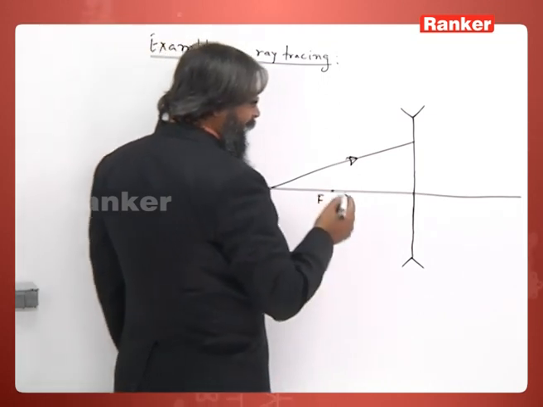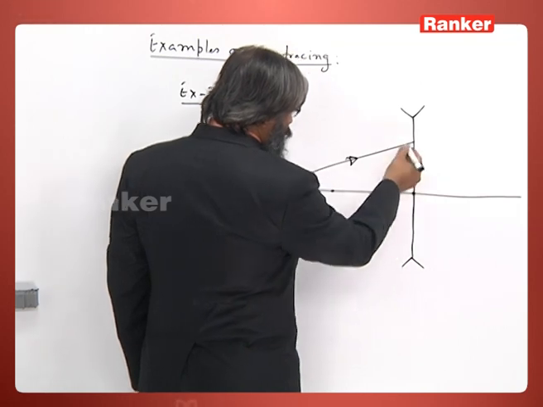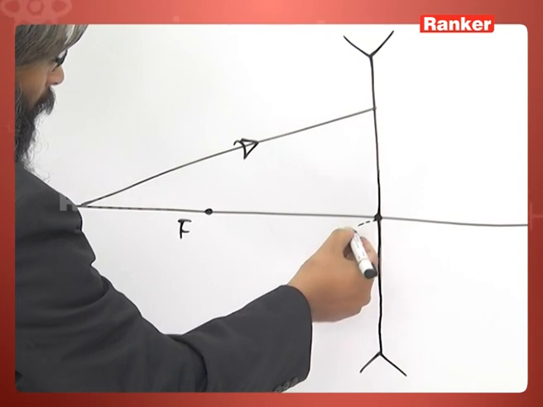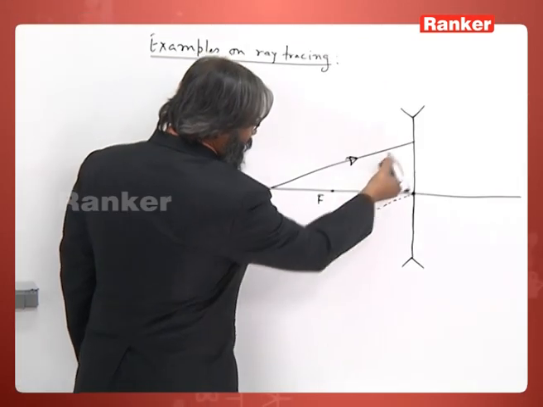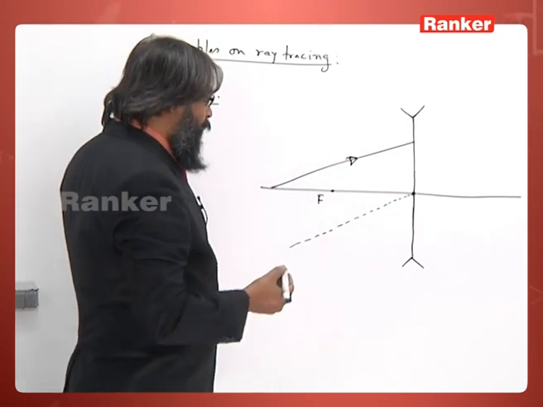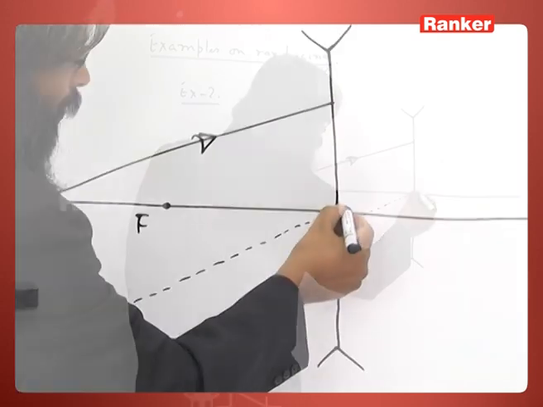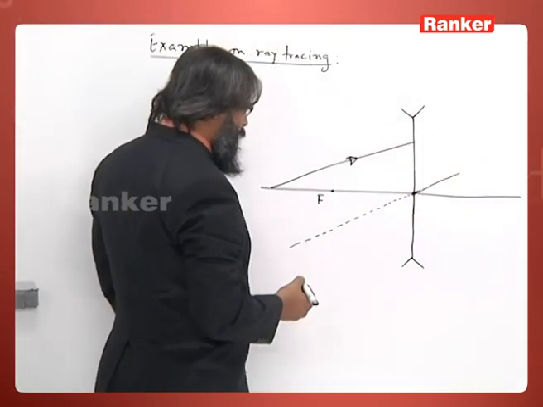As in the previous problem, you take the optical center and draw a ray parallel to this. You see this ray and this is parallel. We know that if any ray is going in this direction, it will pass undeviated.